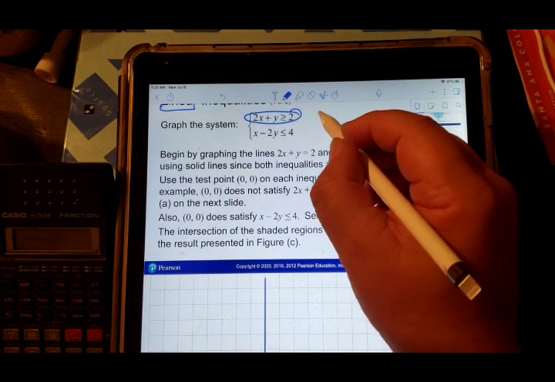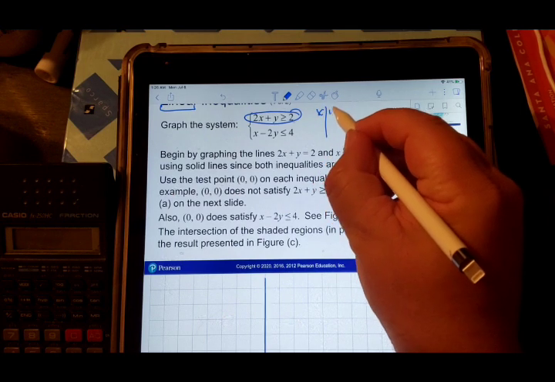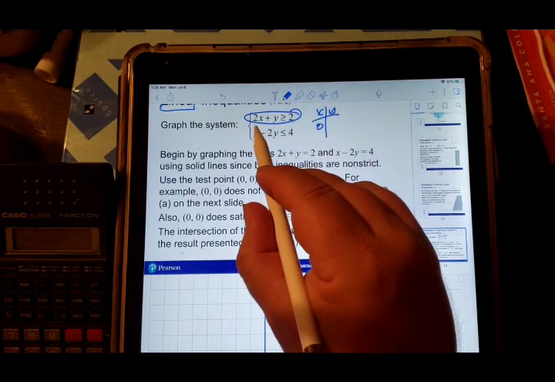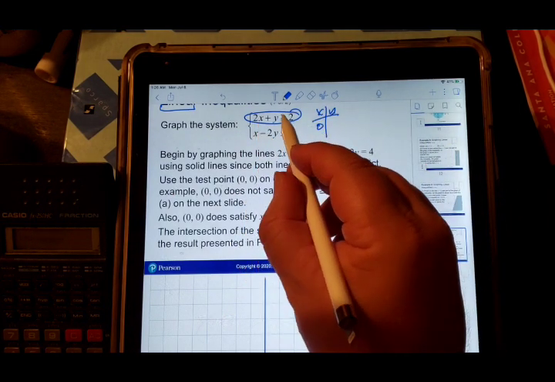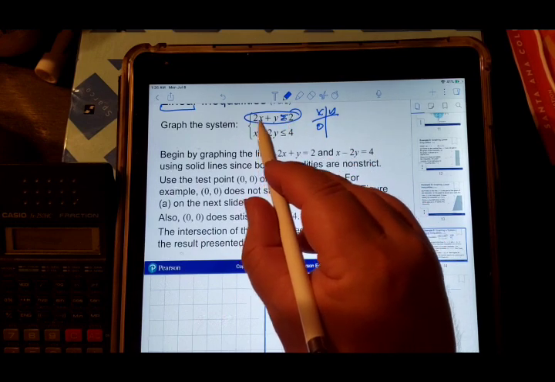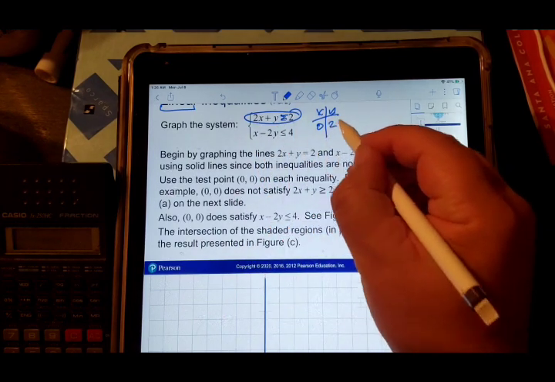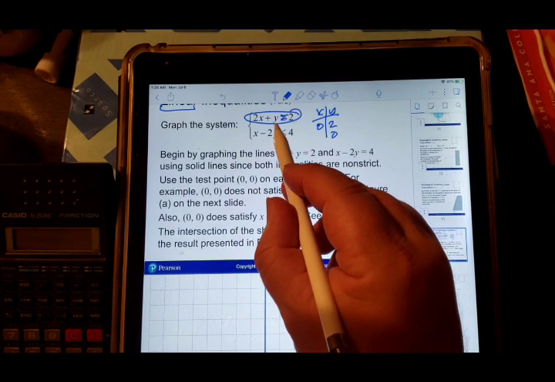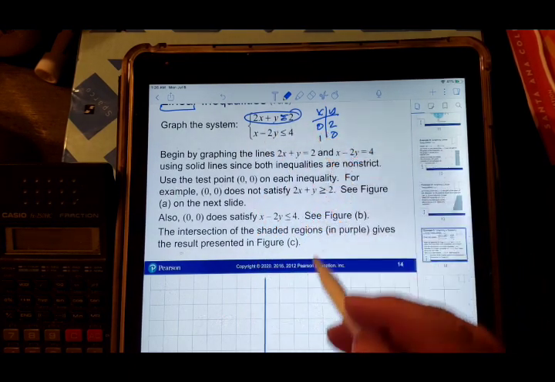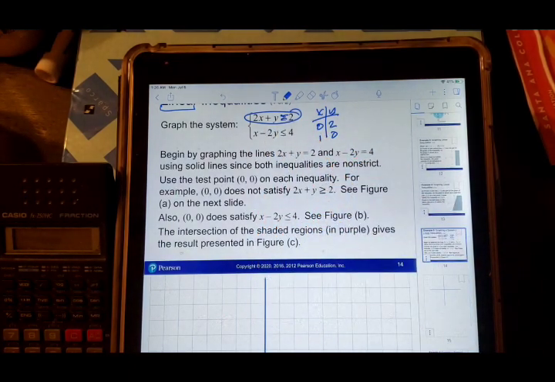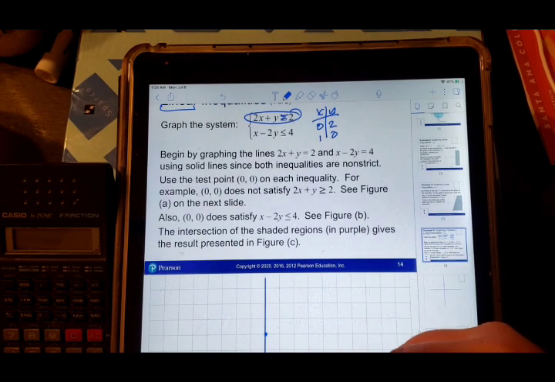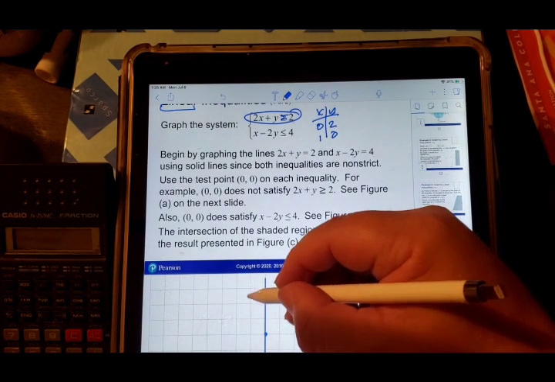And I can tell that if x is 0, remember I'm thinking this is an equal sign right now. If x is 0, I get y equals 2. And if y is 0, I get x equals 1. So I want a solid line to go through those 2 points.